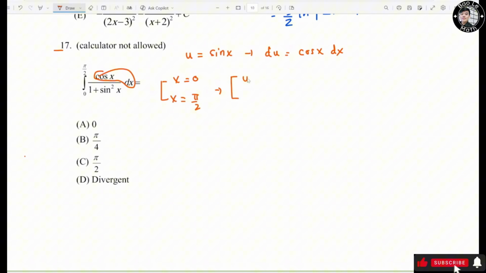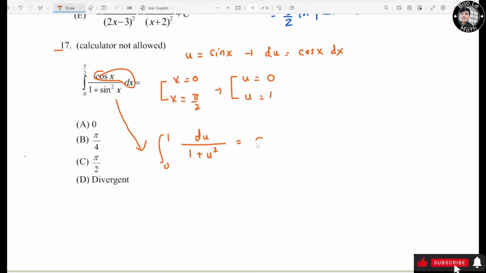Then u equals sine of 0, which is 0, and sine of pi over 2 equals 1. So this becomes the integral from 0 to 1 of du over 1 plus u squared.